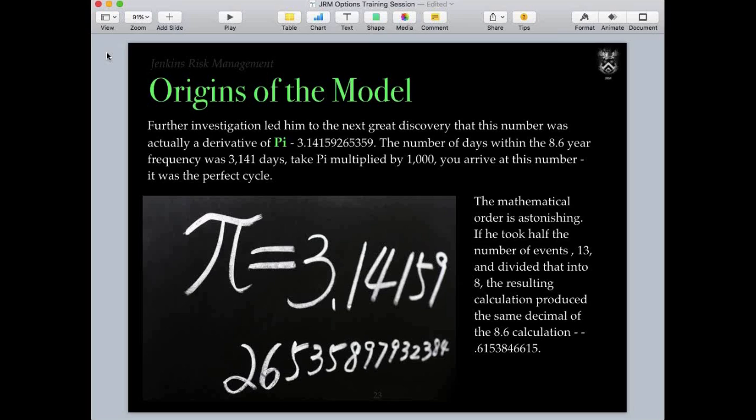If you unravel a wheel, that circumference, pi is what it comes out to be. So from the start all the way around the cycle back to where the cycle started is pi. So it's the perfect cycle. What is interesting is when you take that 8.6 year frequency, it actually comes out to 3,140 days, and that's pi multiplied by 1,000.